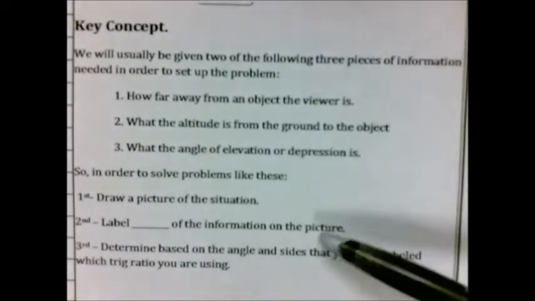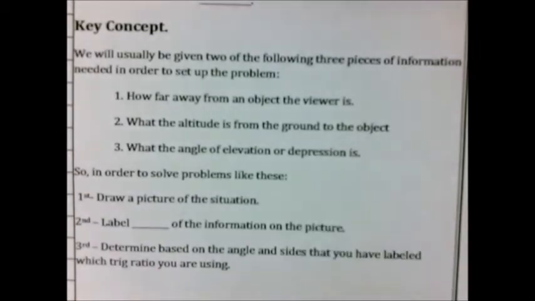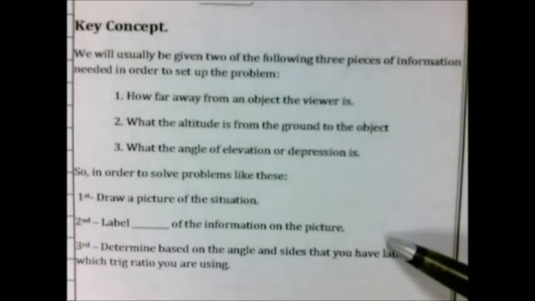In order to solve problems like these, the first thing we want to do is draw a picture of the situation. Every single time, draw a picture so we can view it visually. Second, label all of the information on the picture.